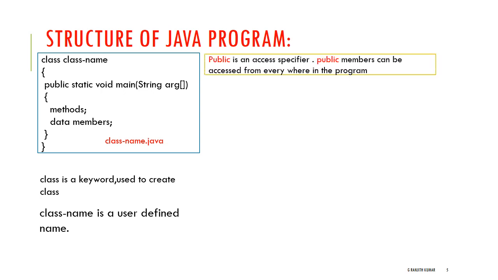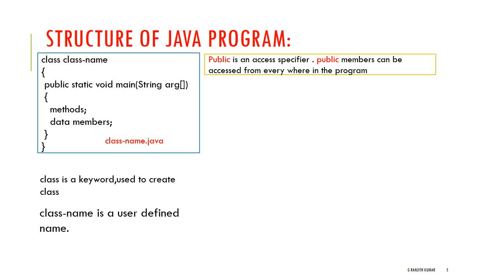Coming to the main method, public static void main. Public is one of the access specifiers, which represents where this main method can be accessed. These access controls control where the members can be accessed in the program. Once it is public, it can be accessed from everywhere.